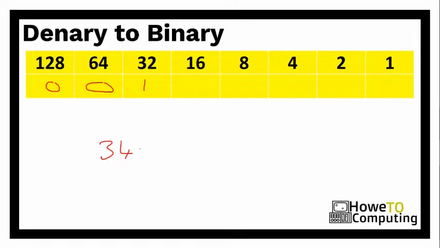So we put a 1 in there, then we minus 32 off, which leaves us with the value of 2. Is 2 greater than 16? No, no, no. Yes, it is. Minus the 2 off, leaves us a 0 remainder. So 34 in binary is 0, 0, 1, 0, 0, 0, 1, 0. So you can see what we do is we get the number and we minus it out until we get the correct binary digits.